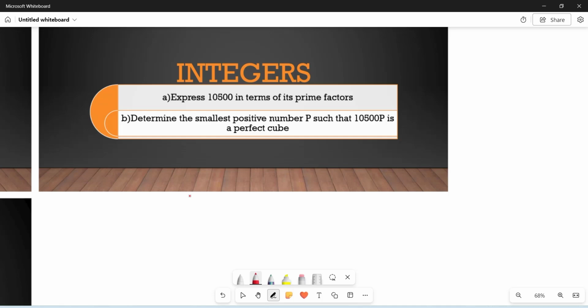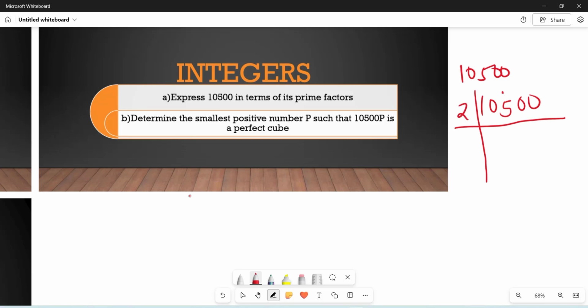For the third question, the first part is asking us to express 10,500 in terms of its prime factors. So we are going to find the prime factors of 10,500. The first one is 2.